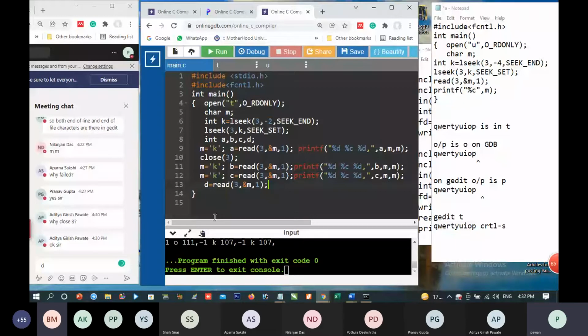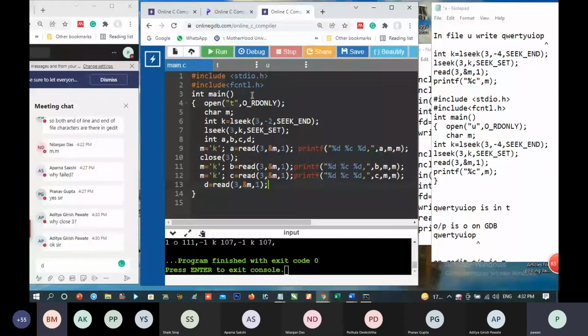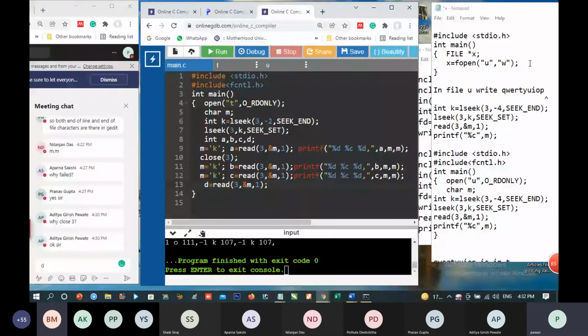In Unix and gedit also, we will get the same output as we are getting in this, provided that we make our file by the following technique. We were making our file by hand.